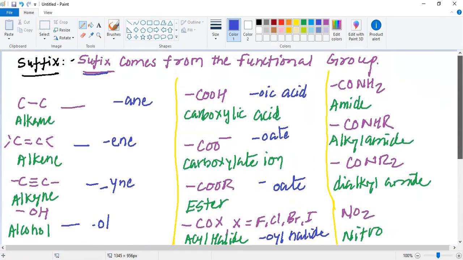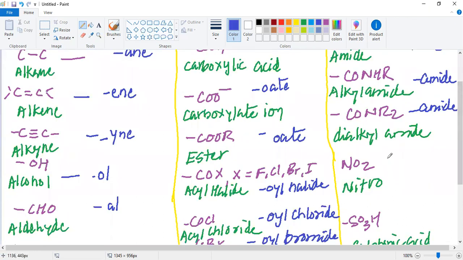Now, let us understand, for amide, my dear students, we can write amide as a prefix. It may be the alkyl amide or dialkyl amide. We should write amide only. Then, for nitro, there is no prefix. It is always used as a suffix.